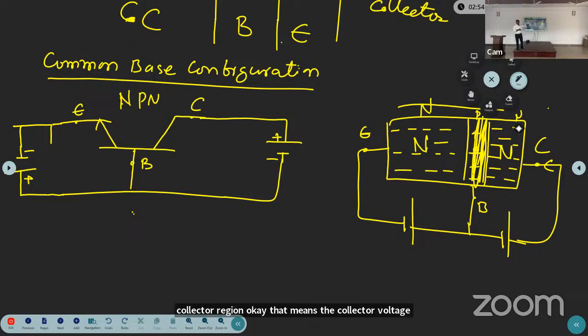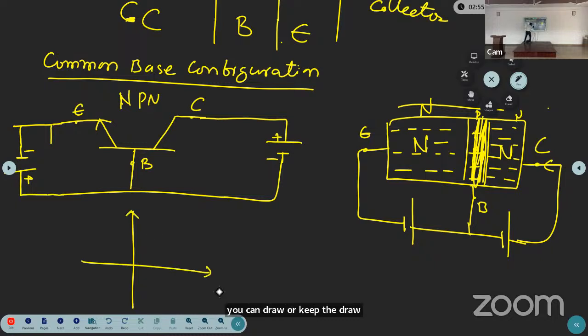This output voltage, the voltage between the collector and base, is affecting the input characteristics. So to draw the input characteristics, keep the output voltage constant.